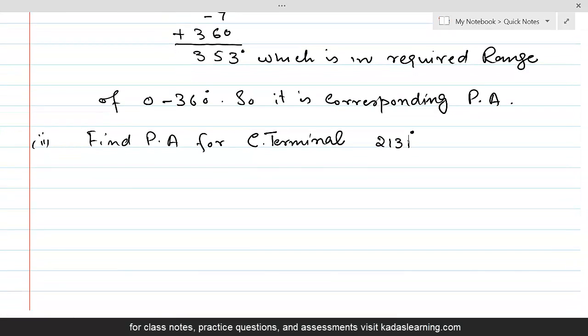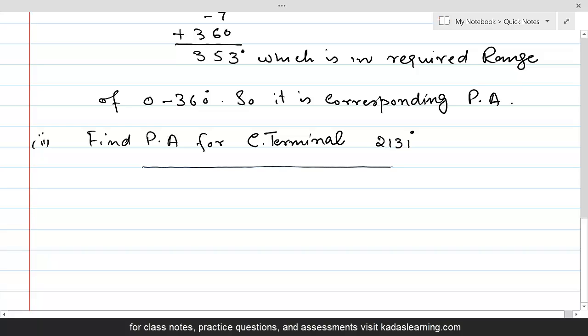So it is just like on a line. If this is a line, no matter how big the angle is, this is the range 0 to 360. If the angle is on this side, we have to move it to the left.